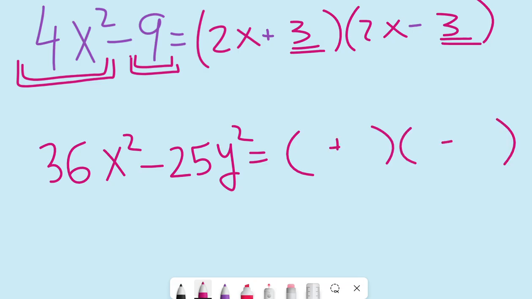One is plus, one is minus. Actually, I've decided not to give you the answer. So, if you have watched the video till the end, try to solve this and give me the answer in the comments. So, what times what will give us 36x squared? And then, what times what will give us 25y squared?